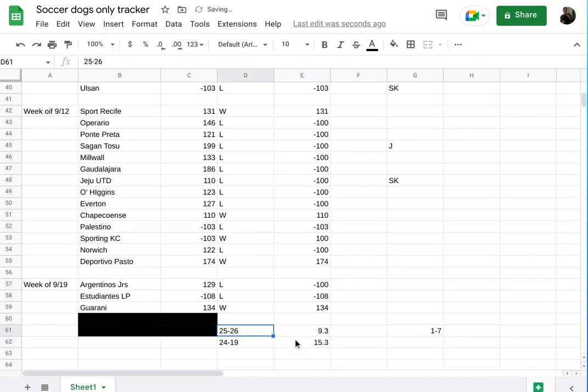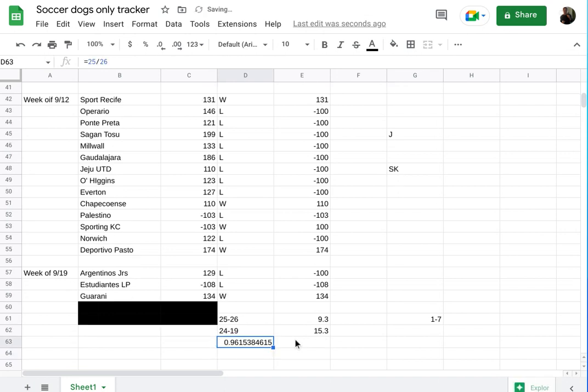So we took a win percentage that was basically right at 50% and profitable, but made it even more profitable making that adjustment by analyzing our losses. So let's look at that just so we can see what this is. So, whoops, my bad. All right, I added that wrong. So win percentage is going to be 25 divided by 51. So the win percentage was 49%, and then we improved it just by making that one adjustment.